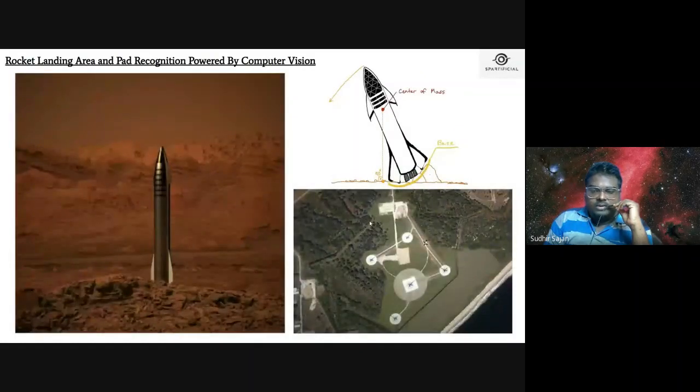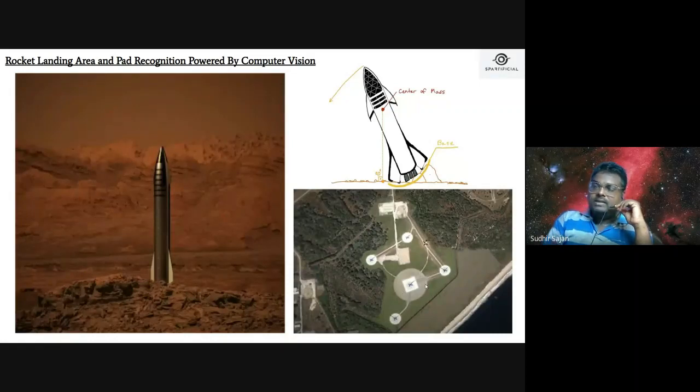Another important thing is autonomous rocket landing, SpaceX Falcon 9 and Starship. Soon the Starship will be landed on Mars. While it is landing there, it has to survey the landing area, the landing pad. This image is all about landing Falcon 9 on the landing pad.